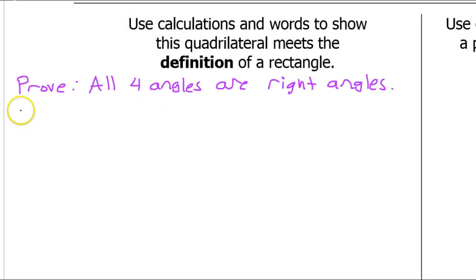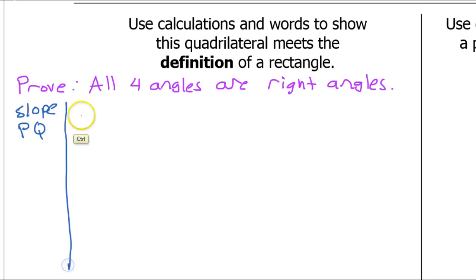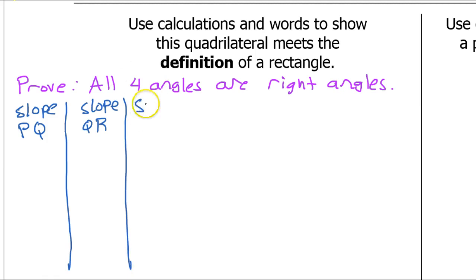So I need to calculate slope PQ. All right, maybe I'll make a little chart. Slope PQ, slope QR, slope RS, and finally slope SP.